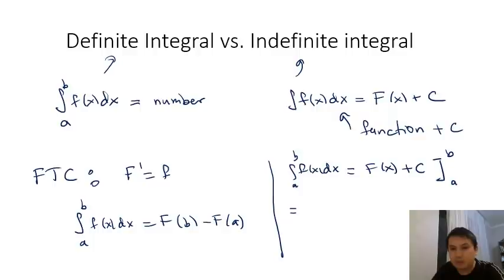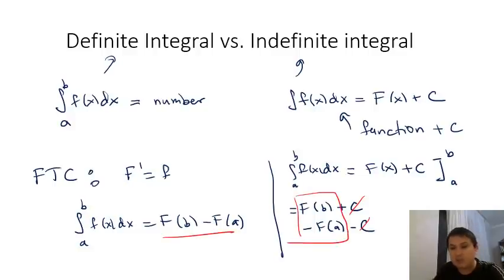You substitute x equal to b, and you get capital F of b plus a constant, and then we have the minus of capital F of a plus c, and we see that the c's cancel, so indeed I get the same quantity, right? So that's the relation between the indefinite and the definite integrals.